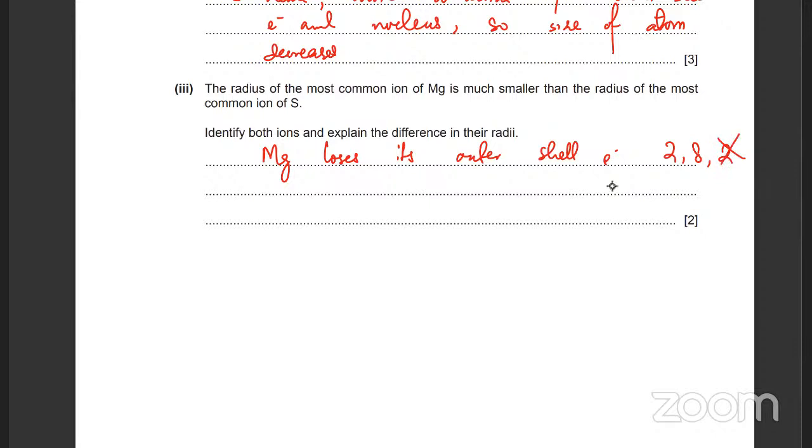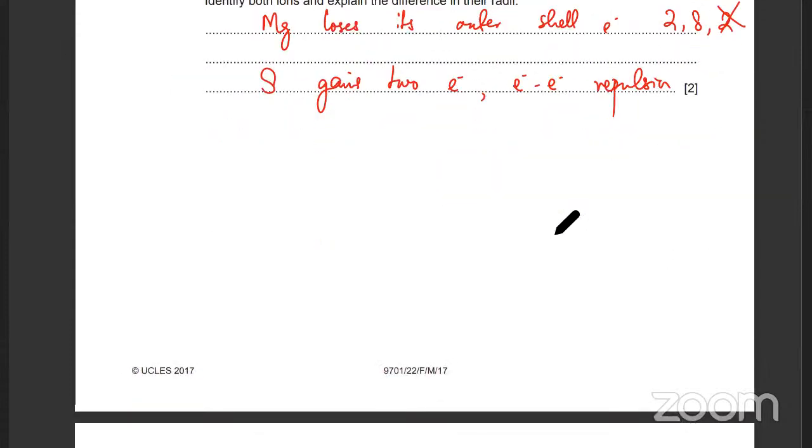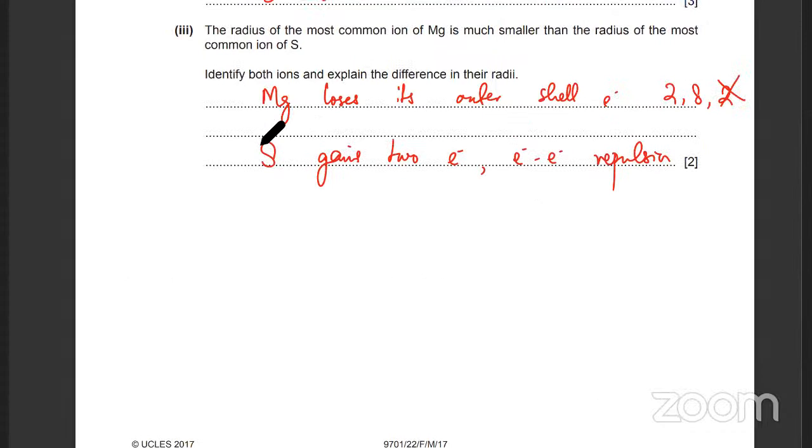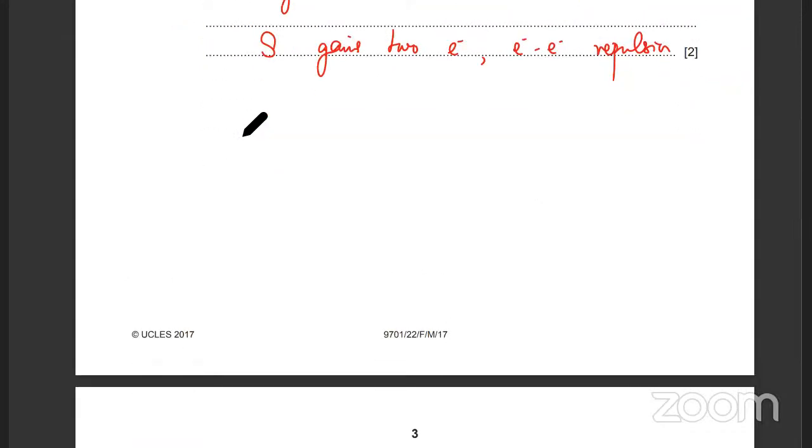So it has lost one complete shell. So when it forms an ion, the ion is obviously going to have a smaller radius, while sulfur gains 2 electrons. And to form an ion, when it gains electrons, there's electron-electron repulsion. So the electrons are further away from each other, so the size of the ion increases. You have more electrons in the shell and they repel each other, so they're going to try and be as far away from each other as possible. So in the case of sulfur, there's going to be greater repulsion.